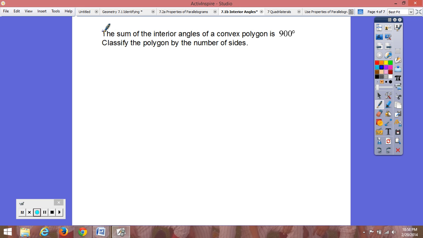Okay. Next, we are giving you the sum of the interior angles of a convex polygon, and it is 900 degrees. And we want to classify the polygon by the number of sides. So in this one, we would have our formula, n minus 2 times 180 degrees, and we can set that equal to 900 degrees.